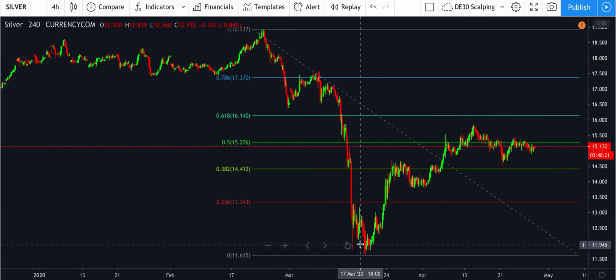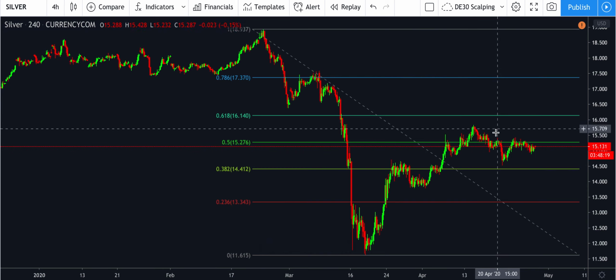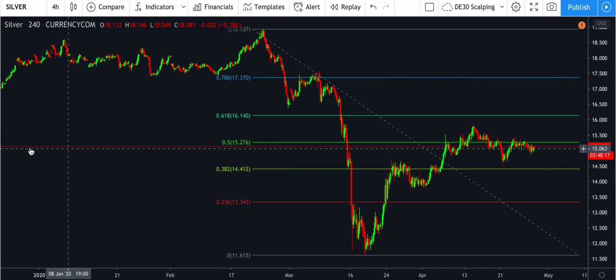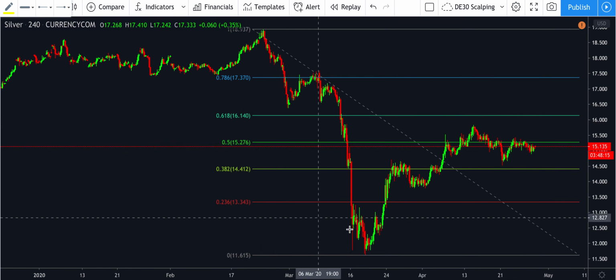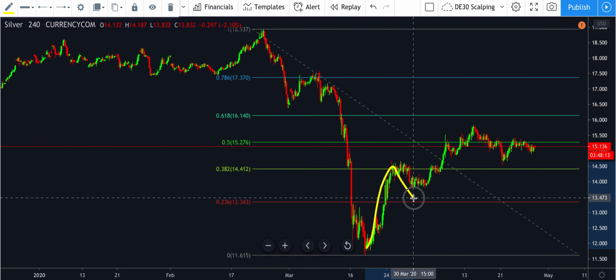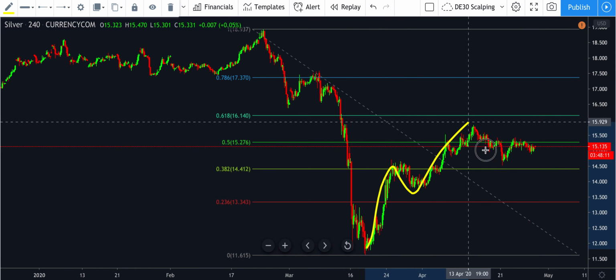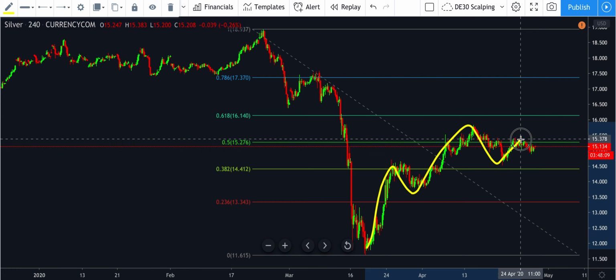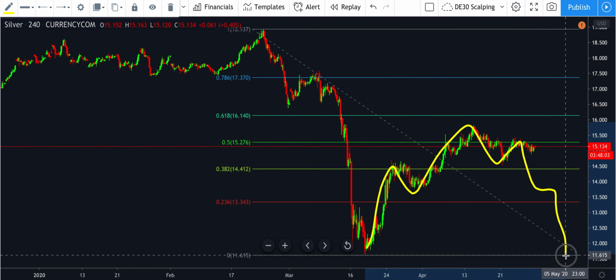This looks like a correction, and the first part looks like a correction, and the second part looks like the beginning of 5 waves, of an impulsive move, meaning that we can reach the low again.